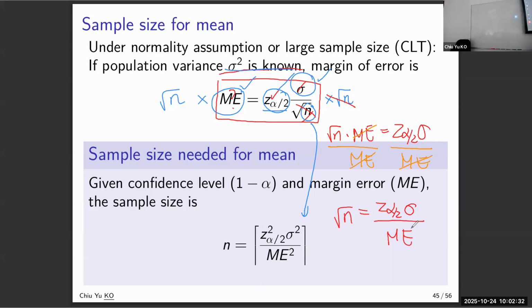And why do I have a ceiling function here? Because n must be an integer, right? So I would find the smallest integer to satisfy that, right? So this is what you do in your primary school, right? You get a decimal number, you round up to the nearest integer, right? So that is the math we get here.